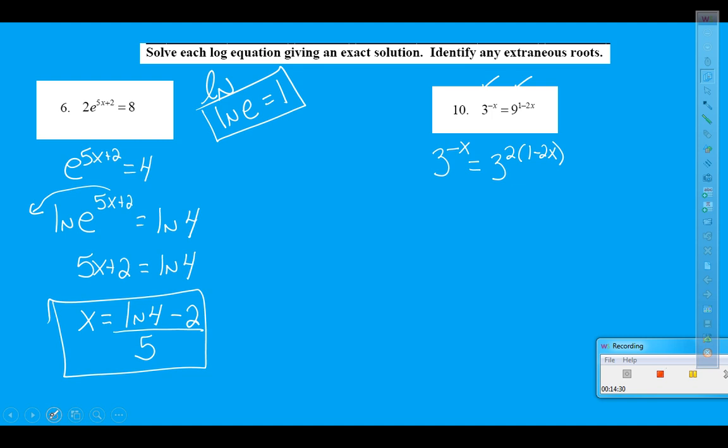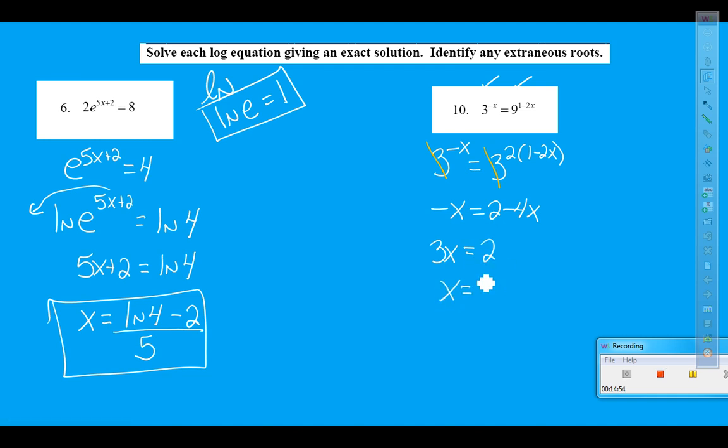Now that you've got your bases the same, you can ignore those and just concentrate on your exponents. So I'm going to have the opposite of x equal, I'm going to distribute that 2 minus 4x. I'm going to add 4x over here and get 3x to be 2.